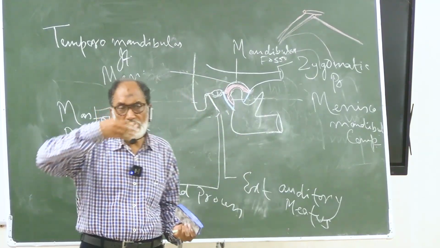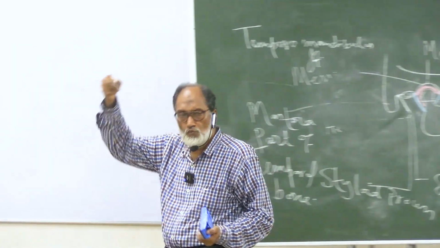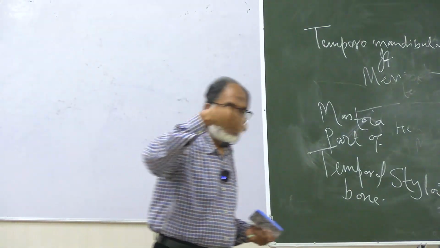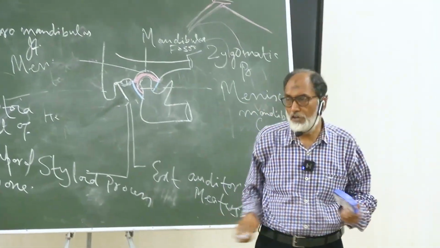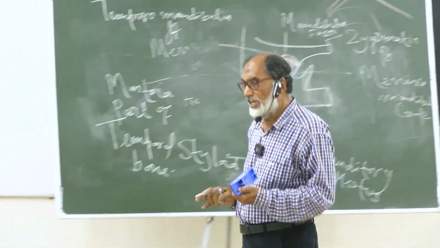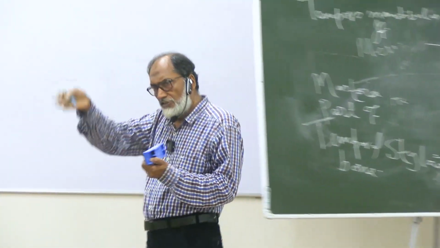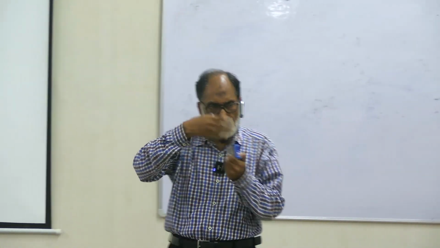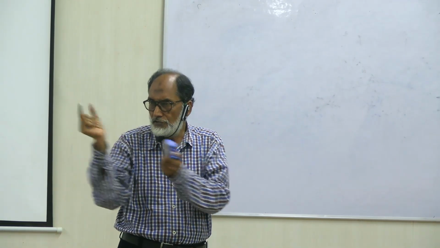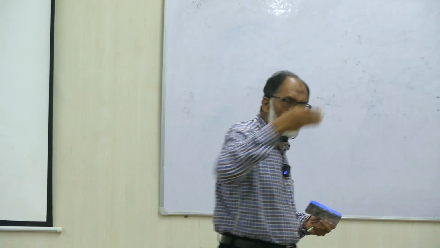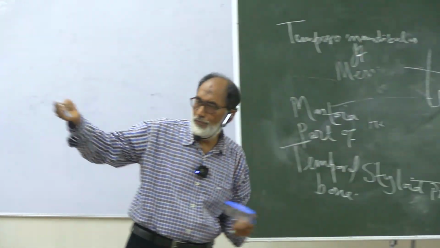Capsular ligament, where is it attached? Anteriorly it is attached to the articular tubercle. What is articular tubercle? I think you have completed mandible, so you are well aware of this tubercle.